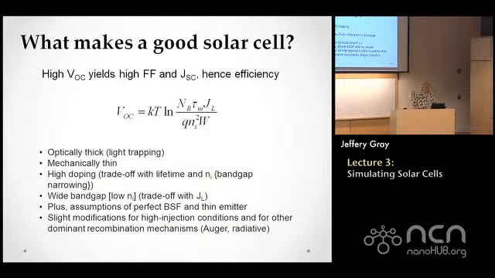Now, it suffers, though, from the fact that because it has a higher energy bandgap, it can't absorb as many photons from the solar spectrum as silicon can, because it can only absorb the photons with energy above 1.42 electron volts, whereas silicon can absorb everything from 1.12 electron volts. So there's going to be a trade-off between current and voltage in that particular case.